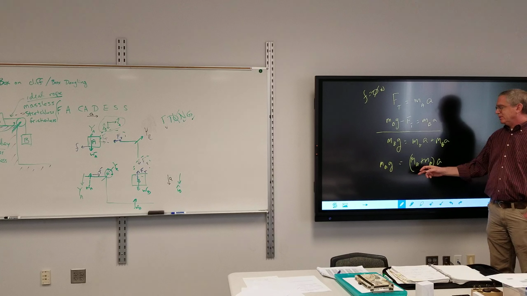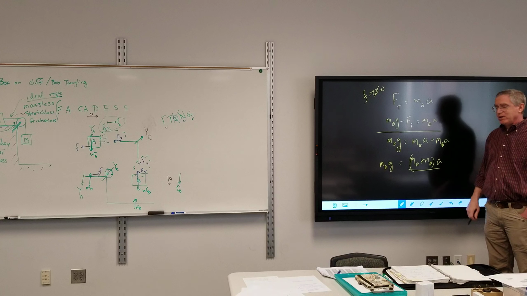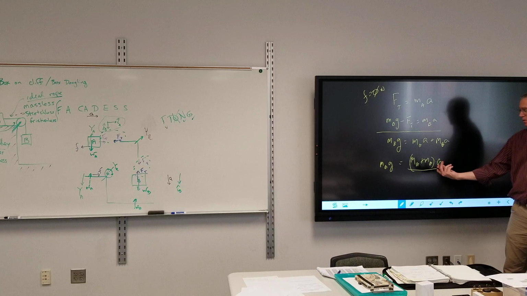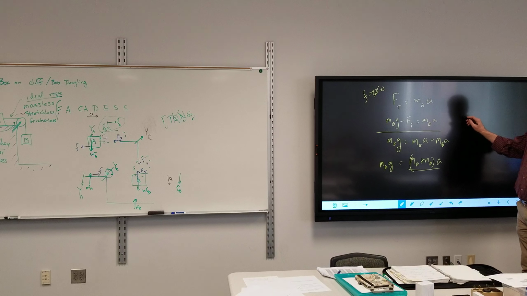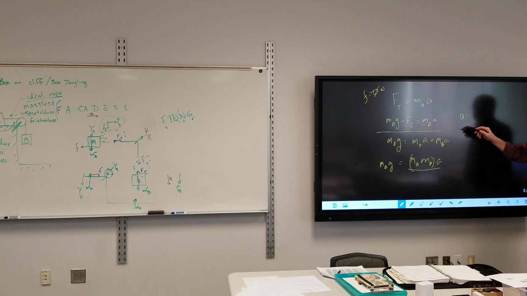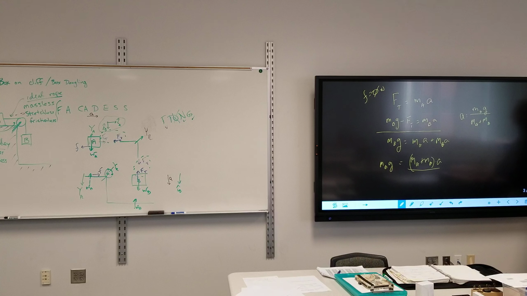And solving for a, I've got multiplication going on there. I need to strip away this coefficient, so I divide by it. And so my acceleration in our frictionless world is equal to m sub B g, the weight of B, divided by the total mass. All I have to do is give you numbers and just plug and chug.